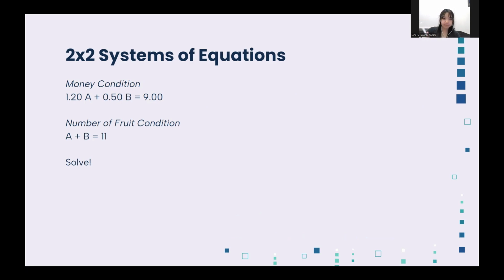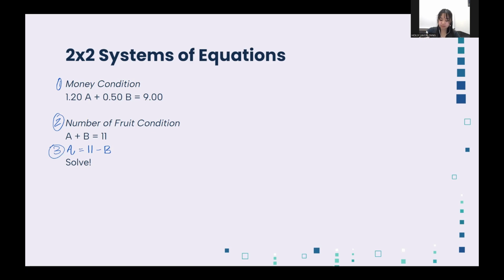Which equation do you want to start with, our money or our fruit? Let's do our fruits. So you want to solve for a is equal to 11 minus b. All right, I'm going to call this equation 3 for simplicity's sake.